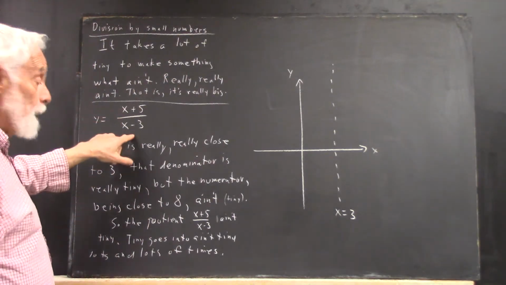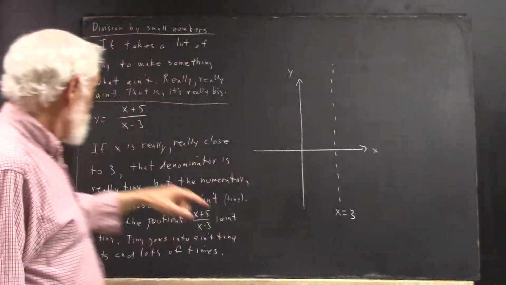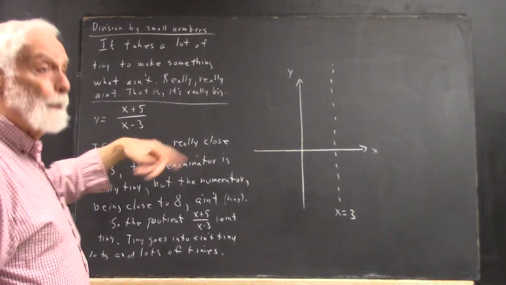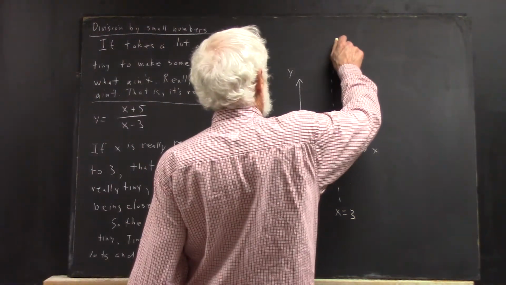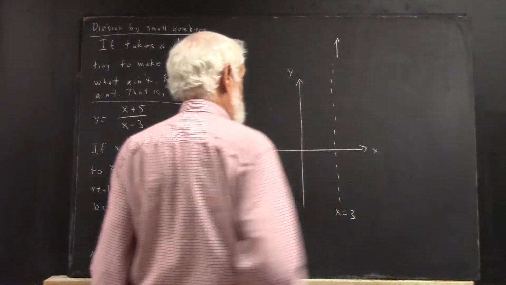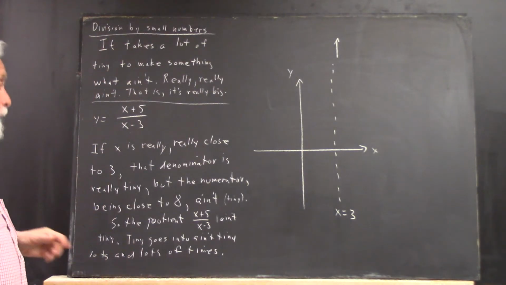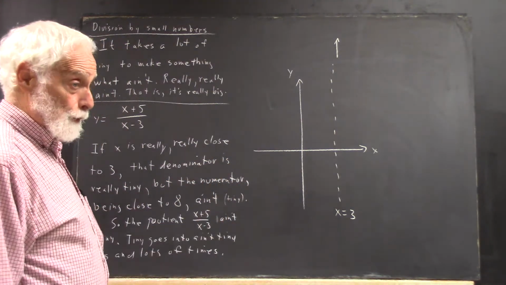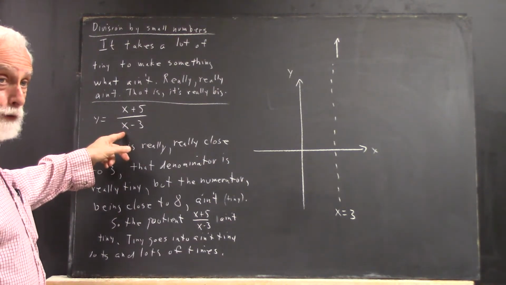To the right of x equals 3, x values are greater than 3, so x minus 3 values are positive. So these numbers get really big up here. To the left of x equals 3, x minus 3 is negative because x values are less than 3.